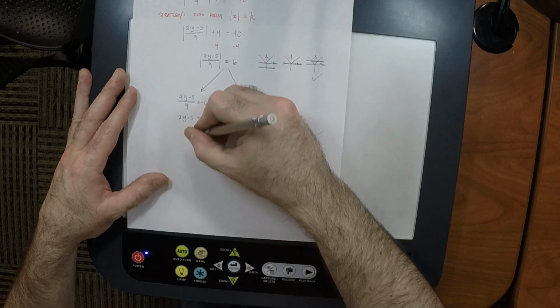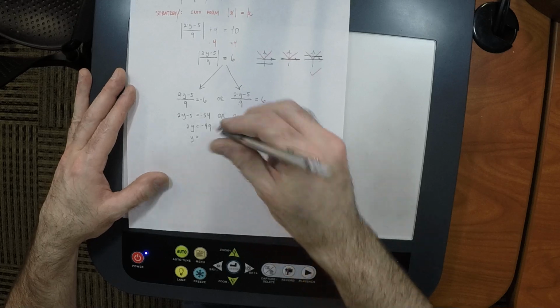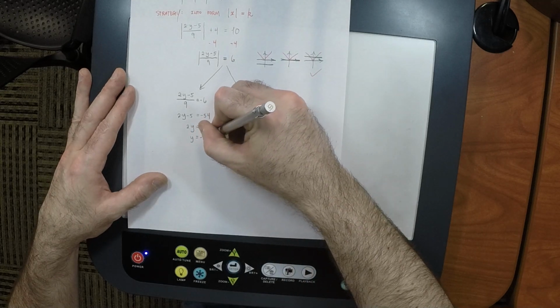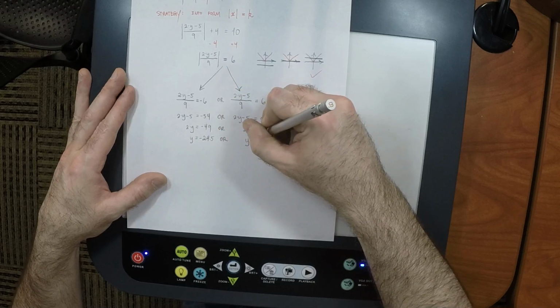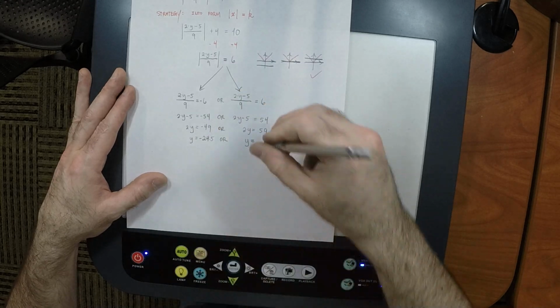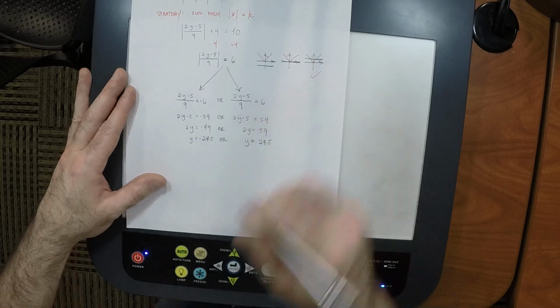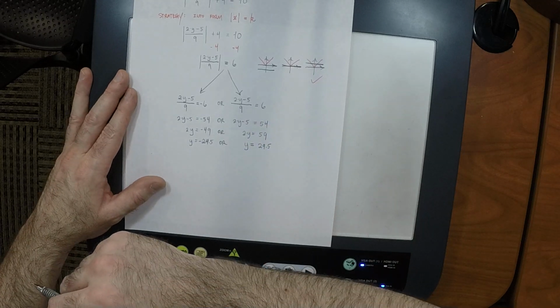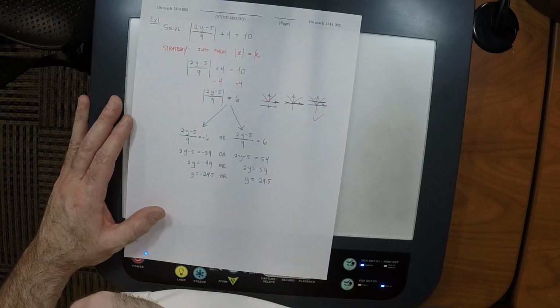And then divide by 2, y is negative 24.5. Or y is 29.5. Interesting. Any question about this one?